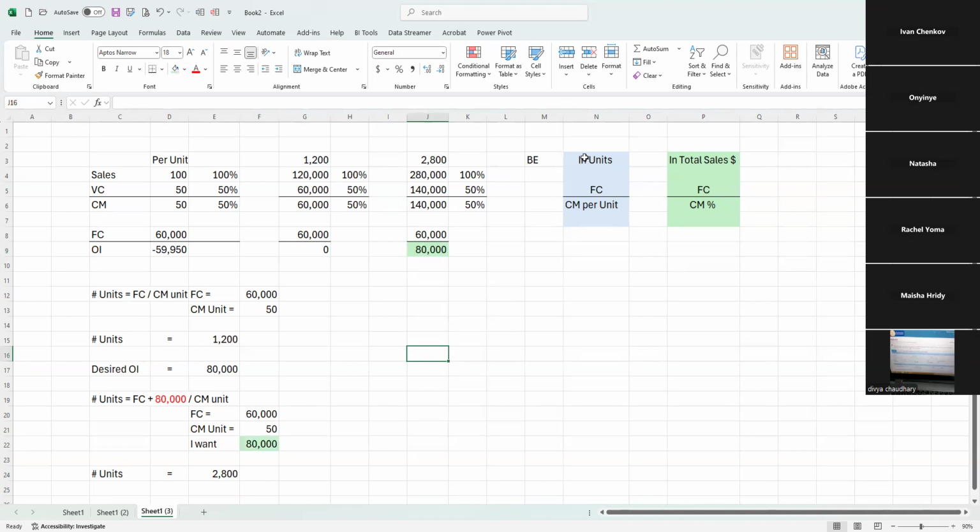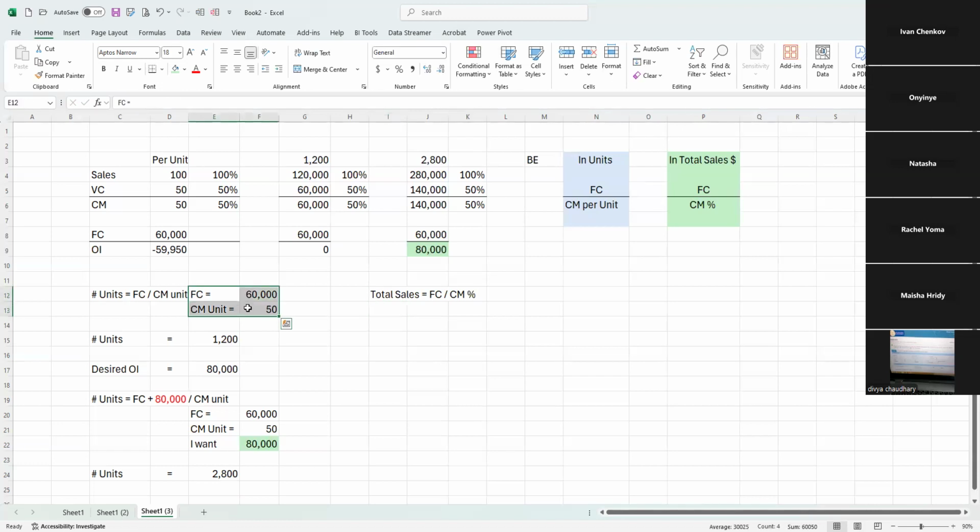This is when we're using this formula. Can we use the other formula? Yes, we can. What's going to change? Well, not much. Only the divisor will be the percentage. Let's go with the break even first, with the contribution margin percentage.